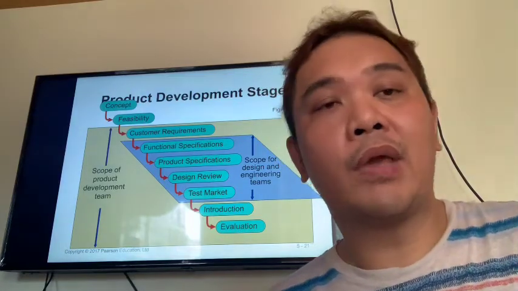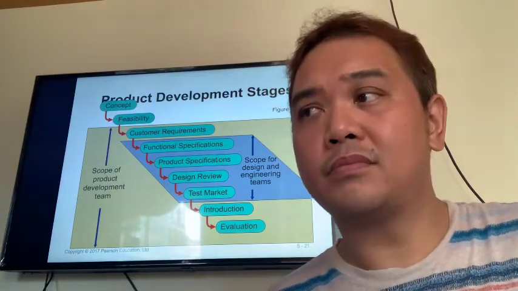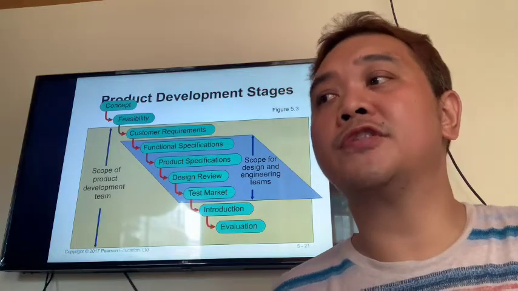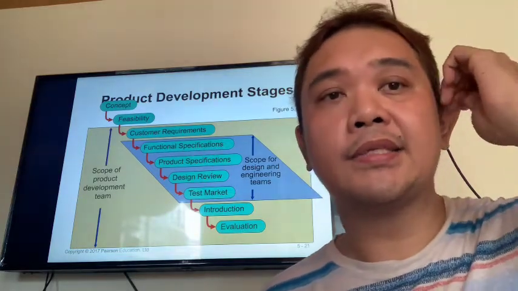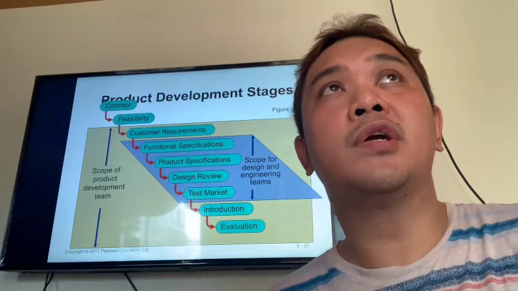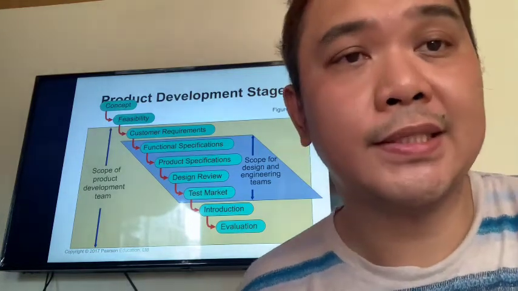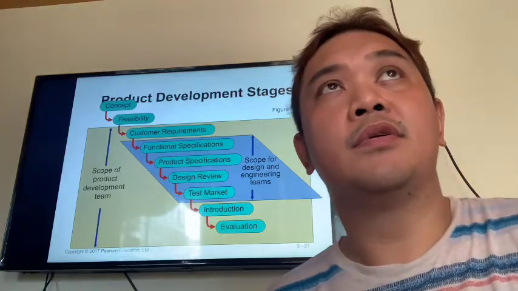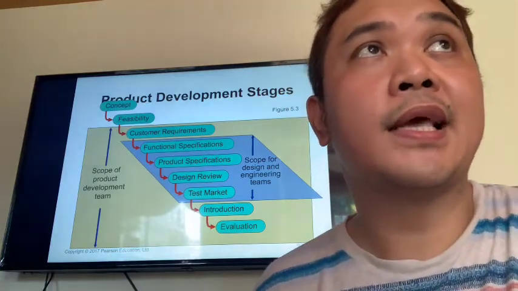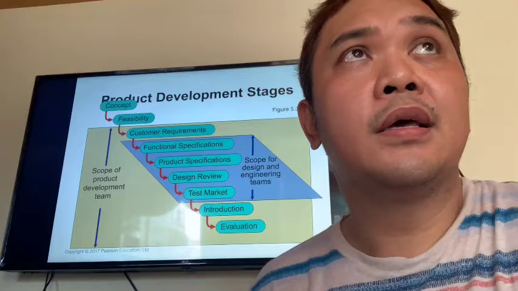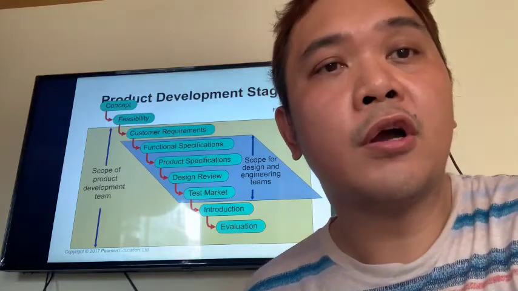And one way of knowing the different customer requirements is through what we call your market surveys. Okay? So your market surveys, that's another requirement for your operations plan.